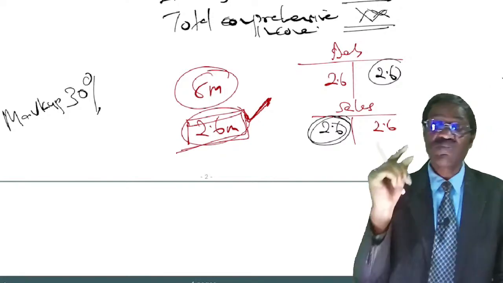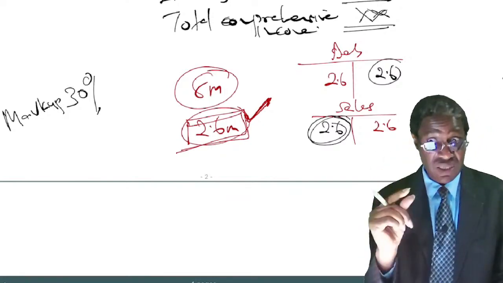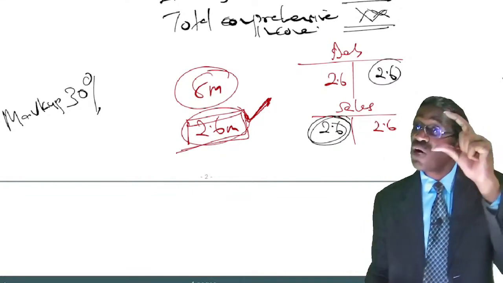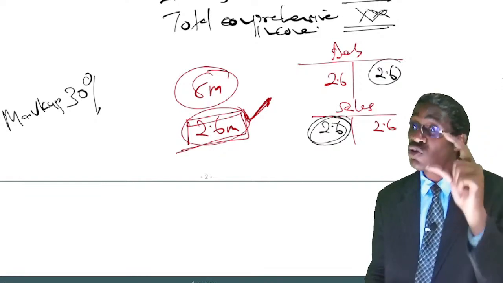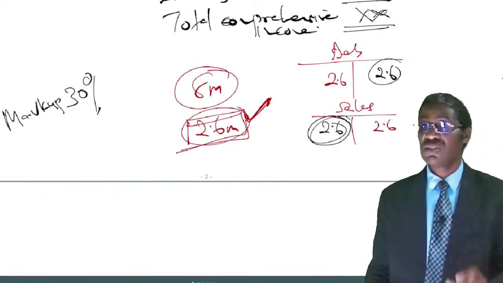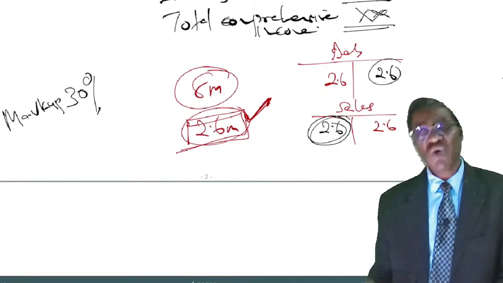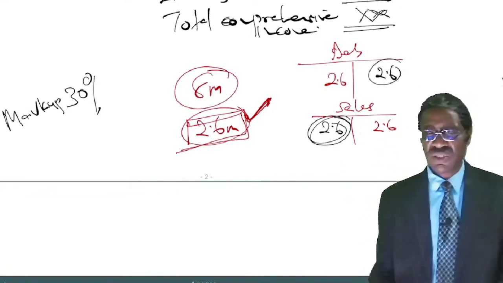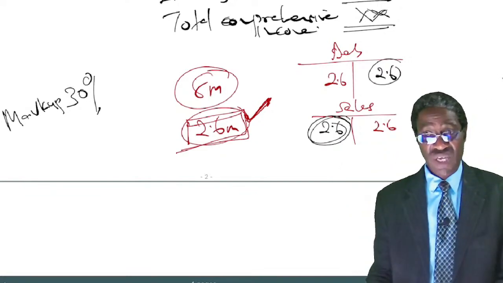Listen carefully. Because the closing stock was undercasted, it also means that whatever figure you as a company used as your cost of sales, that cost of sales is wrong. Why? Because the closing stock you used did not include these goods. Are you there?